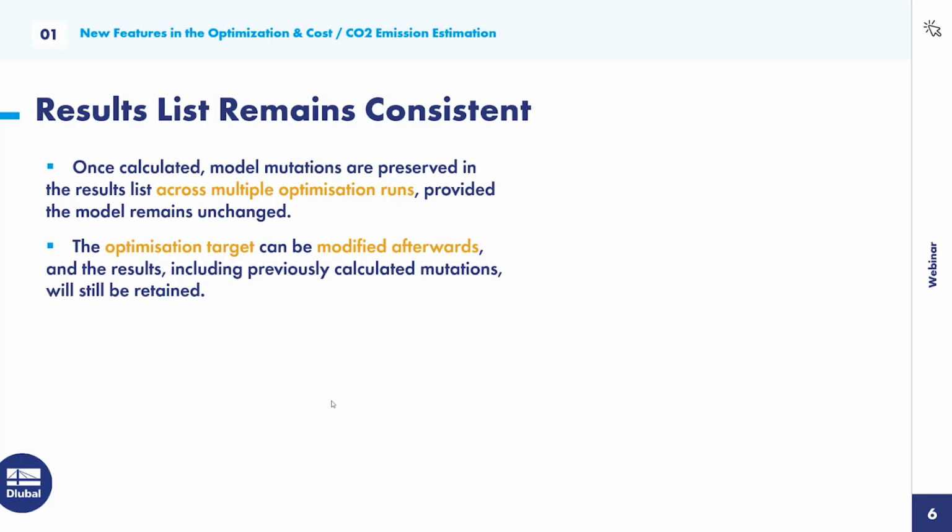We now collect every single calculated model mutation from every optimization run and store them in one list. It's now consistent, or you can say persistent, unless you change the model, when the results are not comparable anymore. If this is not the case, we store them in one list, and I will show it later.